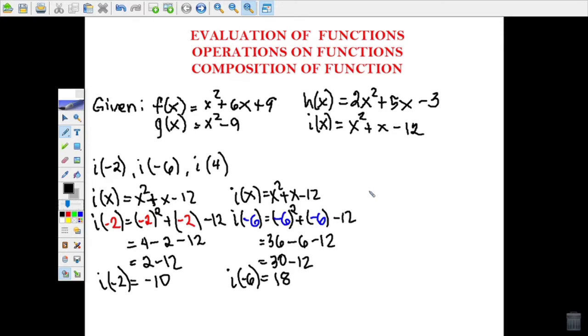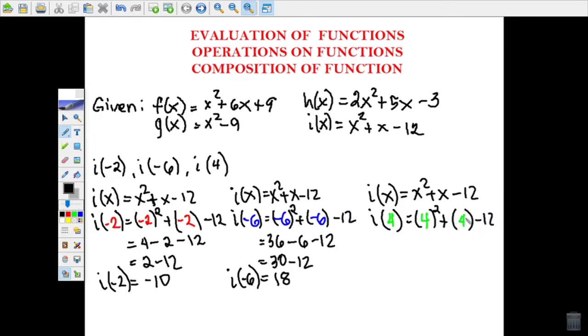Lastly, we are given again the function I of x is equal to x squared plus x minus 12. Then we are asked to find I of 4. So again, papalitan mo lang yung value ni x as 4. So 4 squared, plus, again, x ay 4, then minus 12.